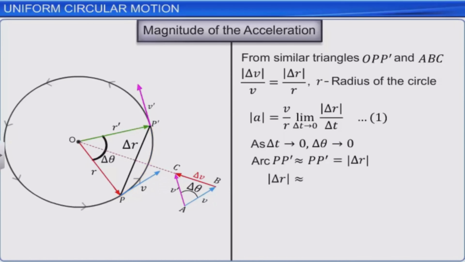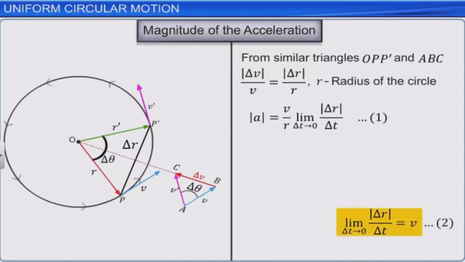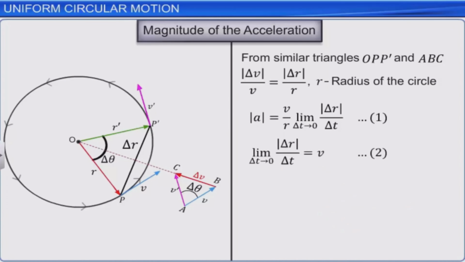This can be written as magnitude of delta r by delta t is approximately equal to v, which implies limit delta t approaches zero, magnitude of delta r by delta t is equal to v. Let this be equation 2. Substituting equation 2 in 1 and simplifying, we get a is equal to v square by r. Let this be equation 3.